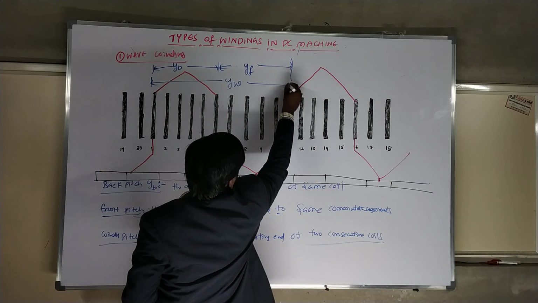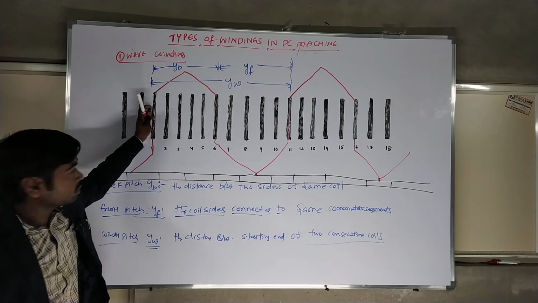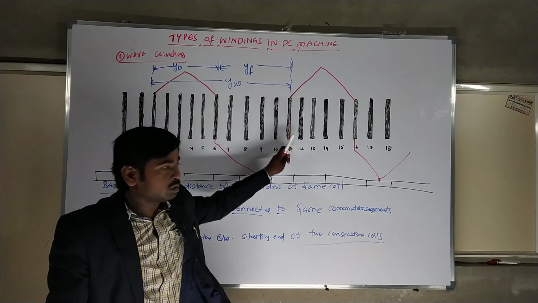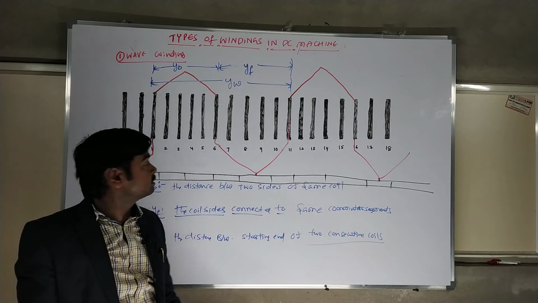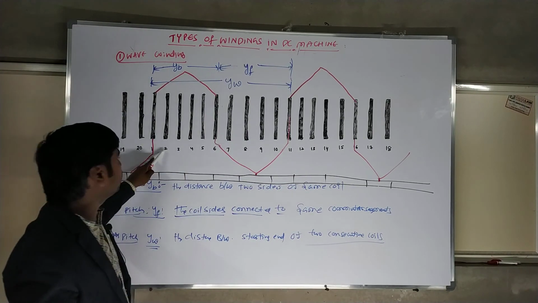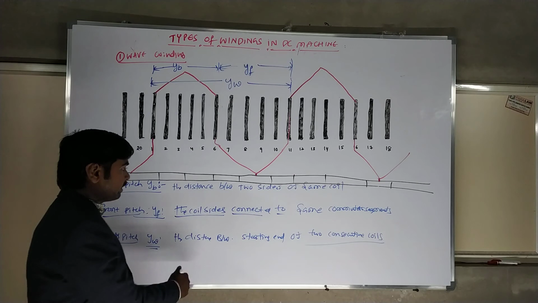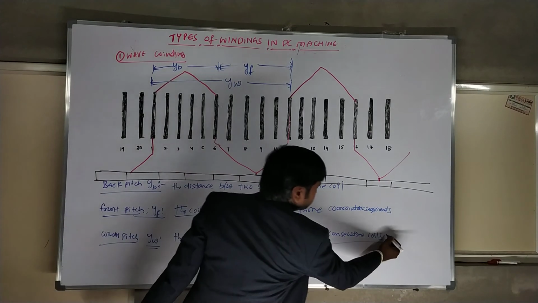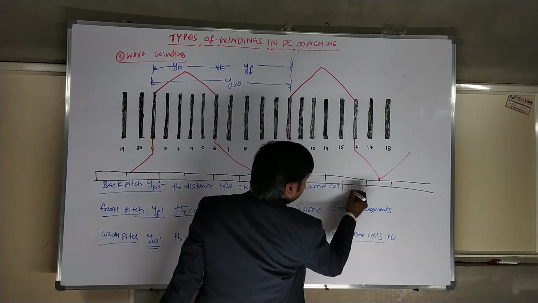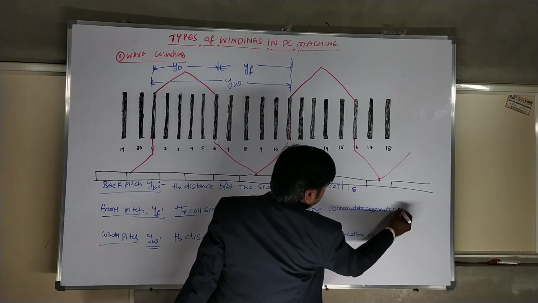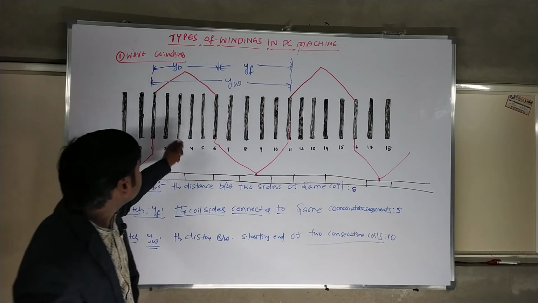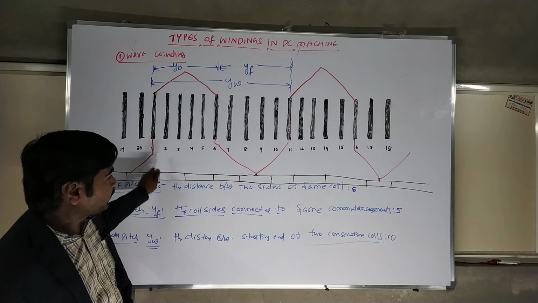Y suffix W is the winding pitch. It is the starting of the first coil. How much is the total? 11 minus 1, it becomes 10. The winding pitch is 10. Front pitch is 5, back pitch is also 5. Back pitch is 6 minus 1, it is 5.